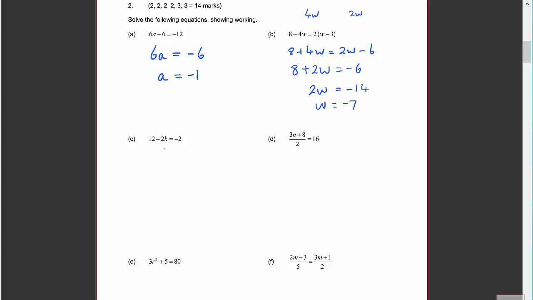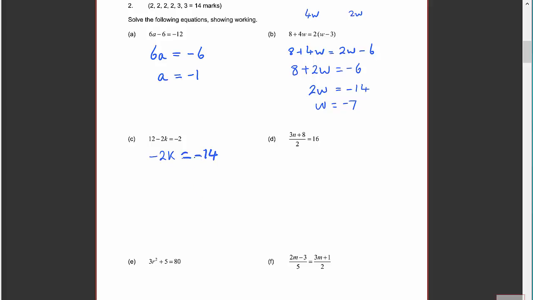For this one here, we could start by subtracting 12 from both sides. Now be careful, that leaves us with negative 2k. Students often lose the negative sign. We've only taken the 12 away. On the other side, negative 2 take away 12 is negative 14.